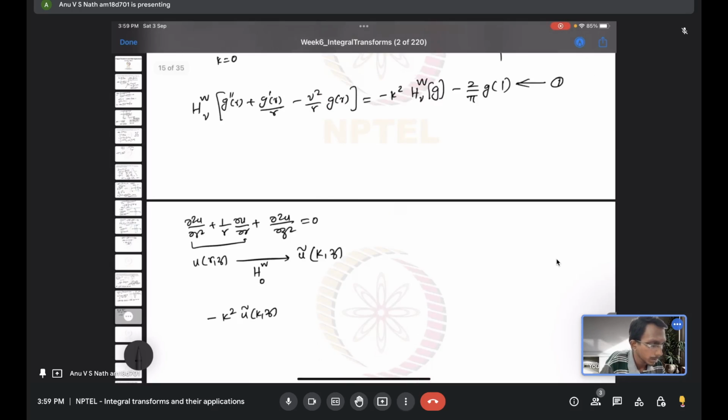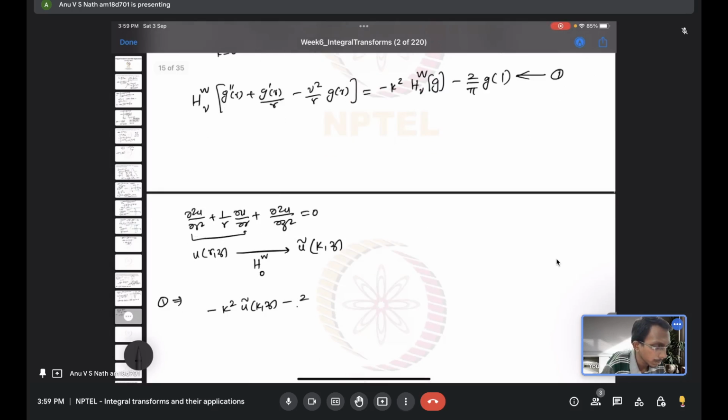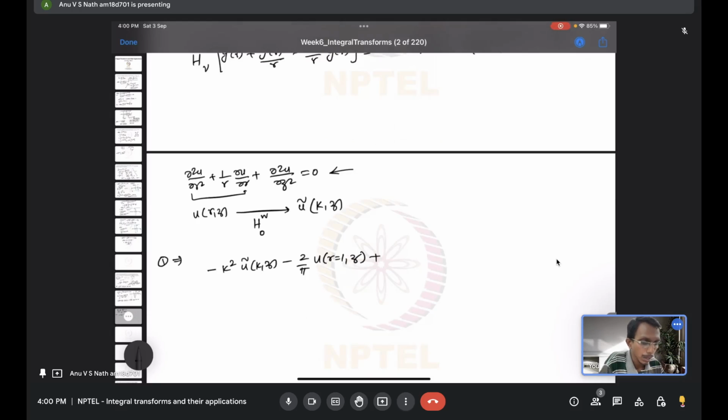From equation 1 we have to use the boundary correction to it, which is minus 2 over pi times u evaluated at r equal to 1 for every z, plus the Hankel transform on the remaining term, which is a derivative in z, so that does not affect how it appears here. So just d square u tilde by dz square, which is equal to 0.